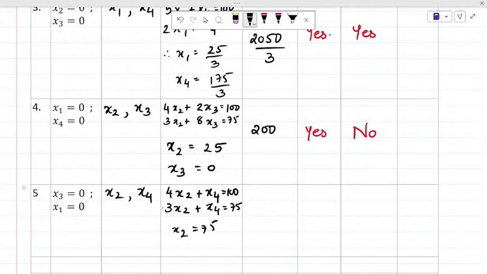No, x2 is 25, sorry, not 75, 25. So x2 is 25 and therefore x4 is 0. So again when we calculate our answer, here it is 200, and yes, this is a feasible solution, but it is not a non-degenerate solution, so the answer is no.